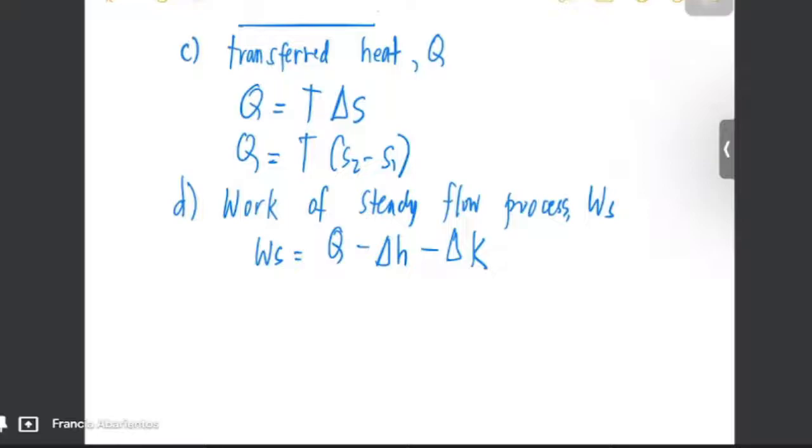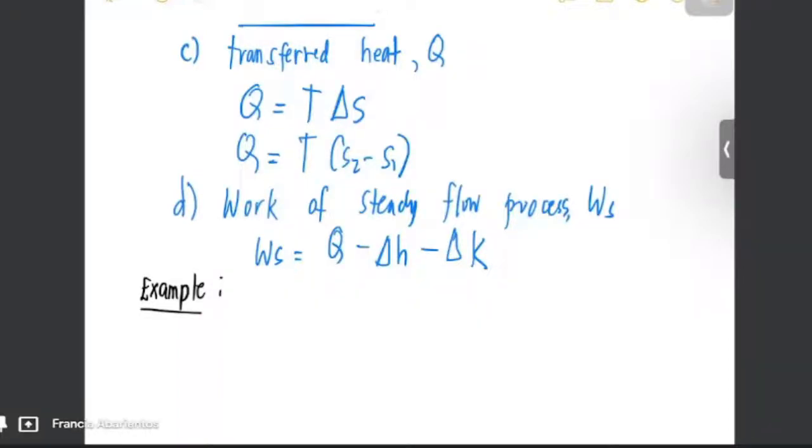Okay. So, what is the example here in the constant temperature process? So, this is an isothermal process. Okay.